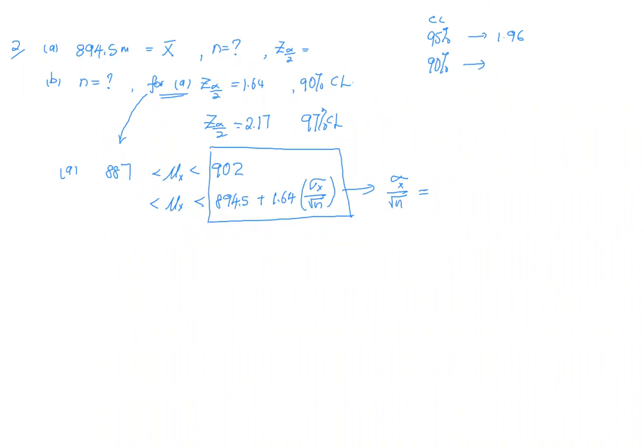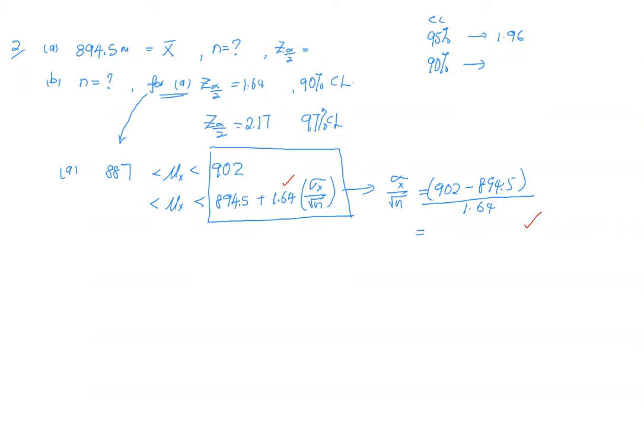You write down this equation correctly, you get this value correct. So this will be 902 take away 894.5, the whole thing divided by 1.64. Am I right? So you get this correct, I give you another mark.